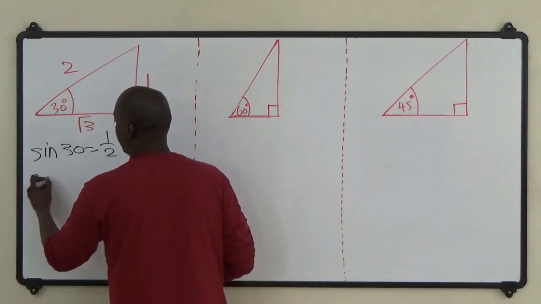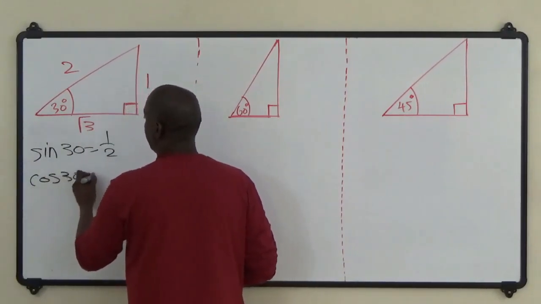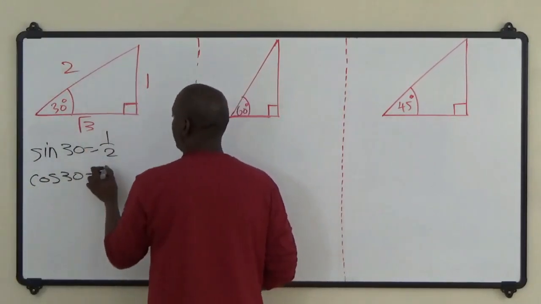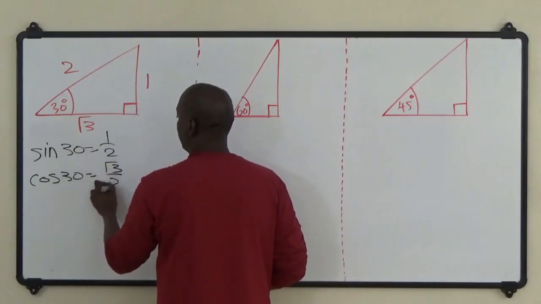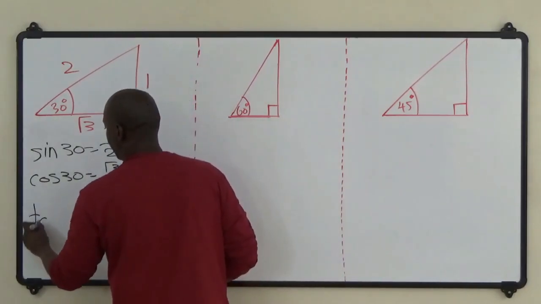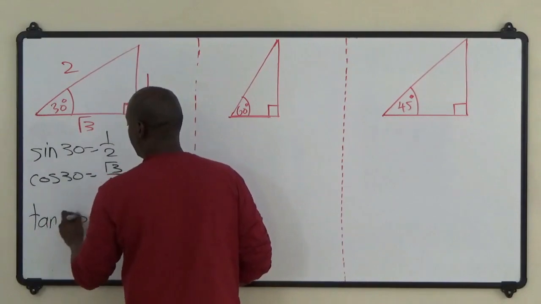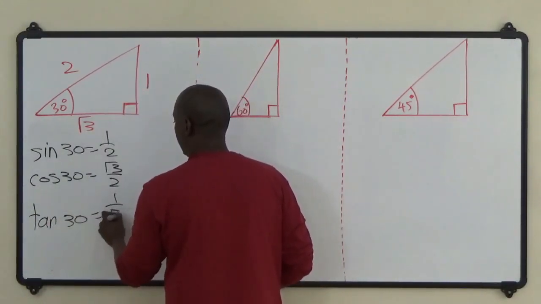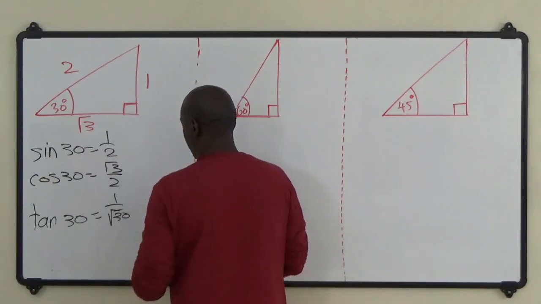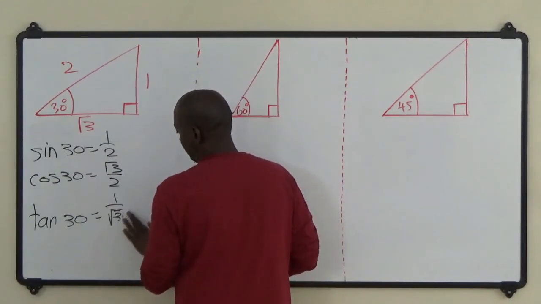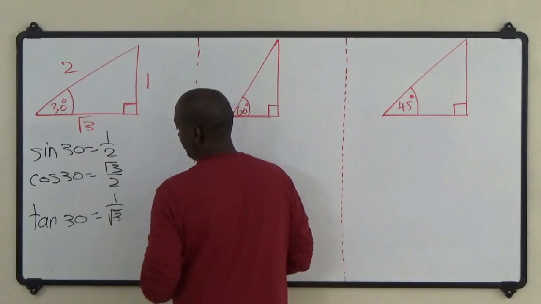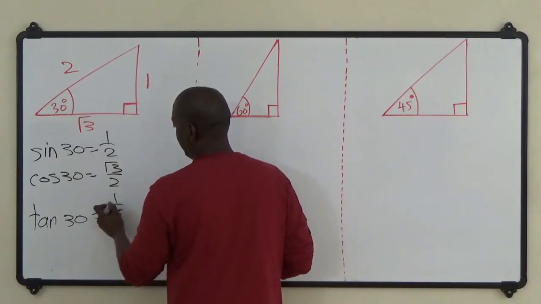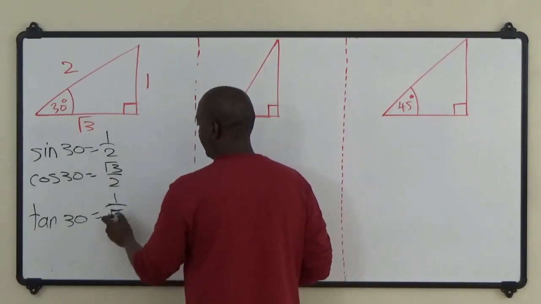We could then say that the cosine of 30 is equal to adjacent over hypotenuse, root 3 over 2. And we can say that the tan of 30 is equal to 1 over root 3.